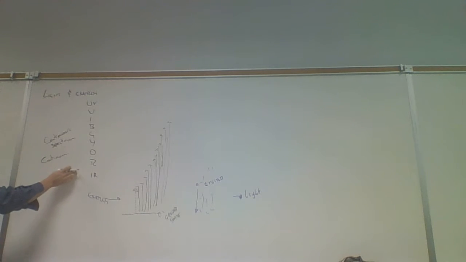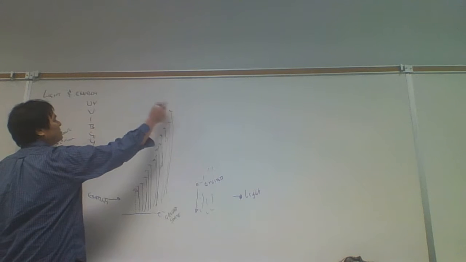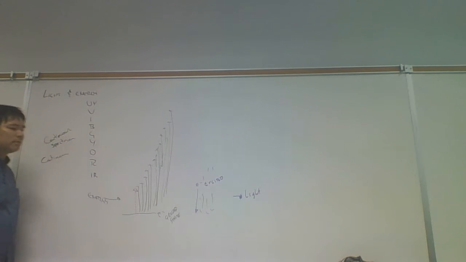With this continuum, are there any colors missing? If you see white light, are there any gaps in there or anything? No, it's just a continuum of colors. And eventually, if we excite it enough, we'll go past violet into the ultraviolet.